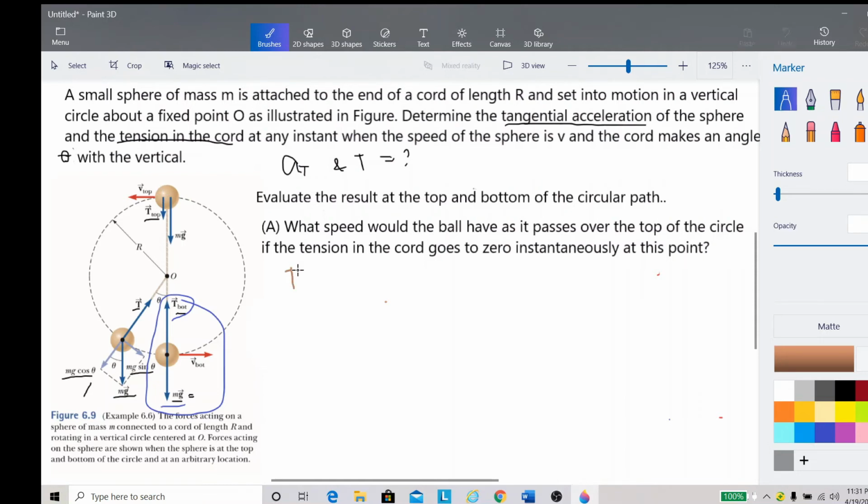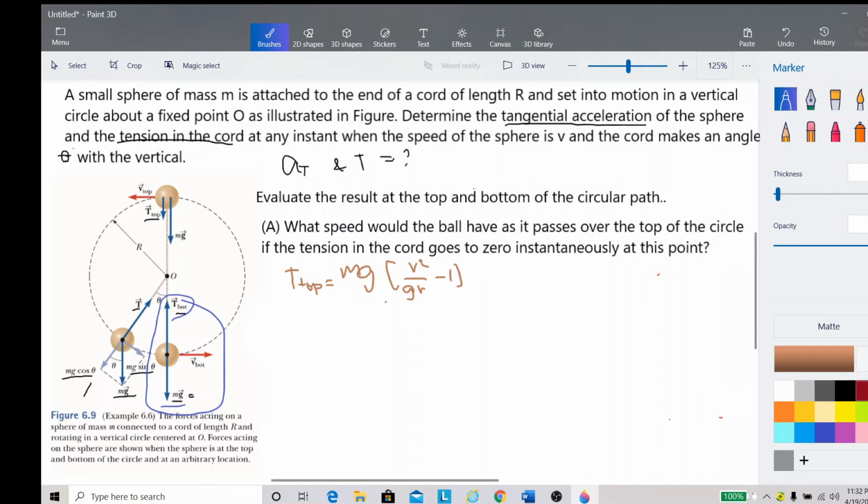Sa tension of the top natin kanina, we have solved for this one. This one is actually mg, and then we will have the quantity v squared over gr minus 1.